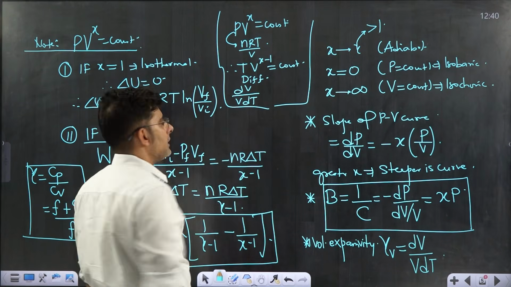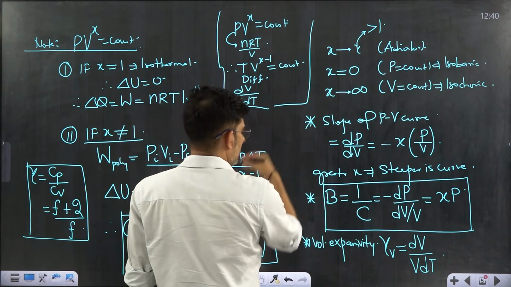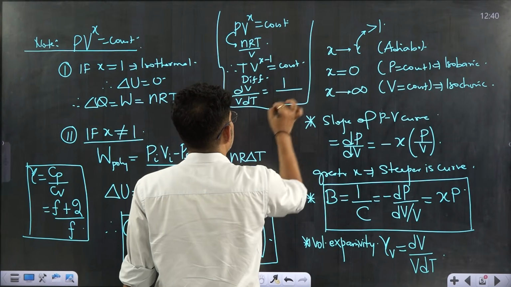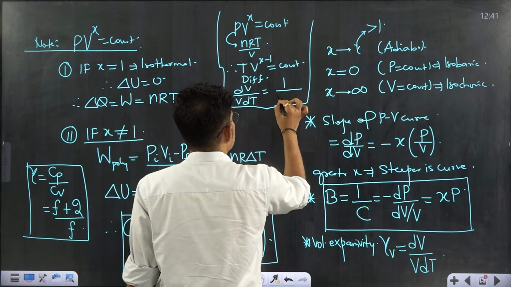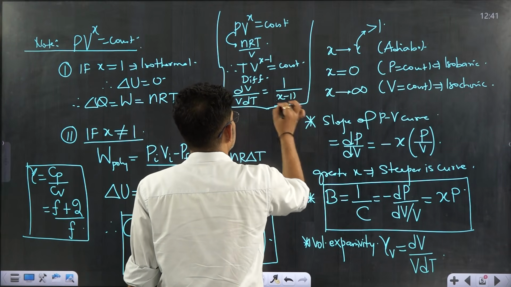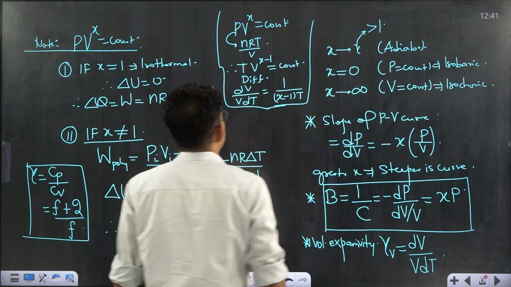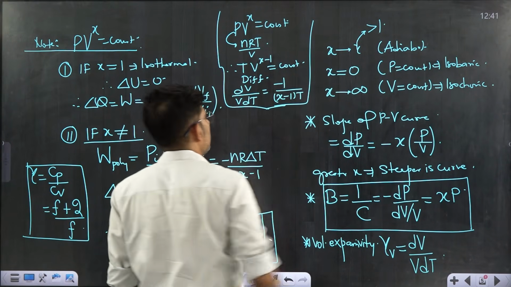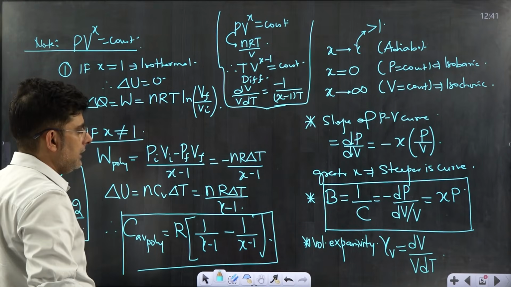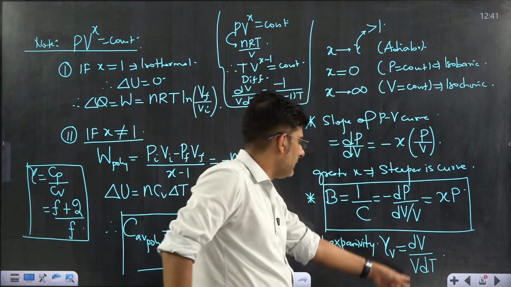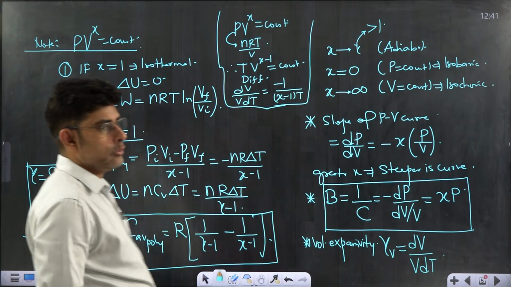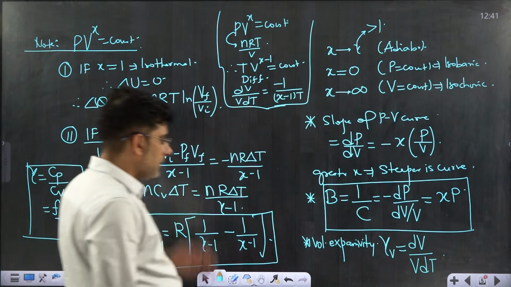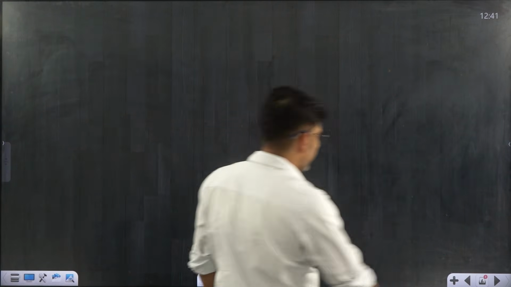When you use the multiplication rule of differentiation, you will get the value of dV by V dT as minus 1 by (x minus 1)T. So this value you can substitute directly from here. Okay, so these are some important points that we have to keep in mind.